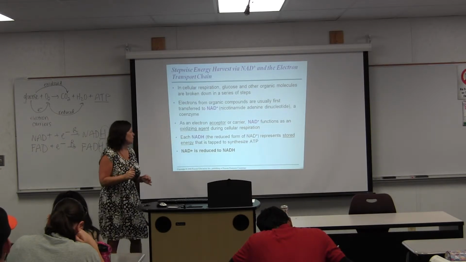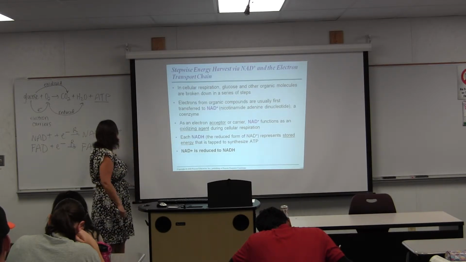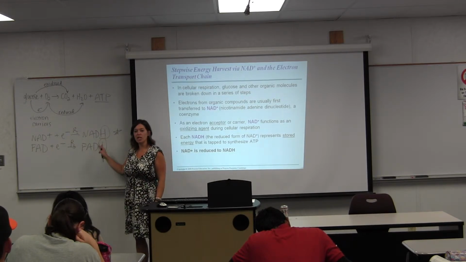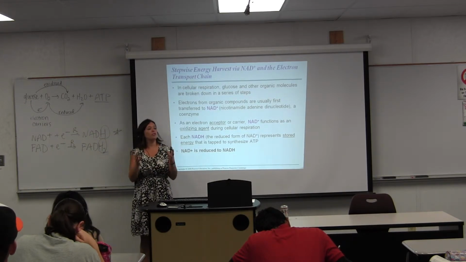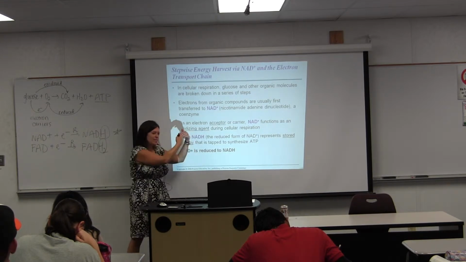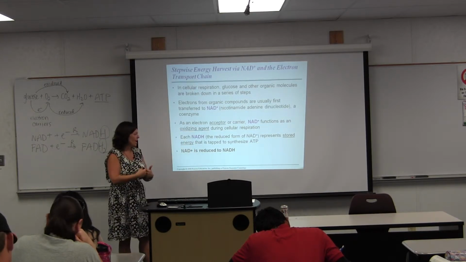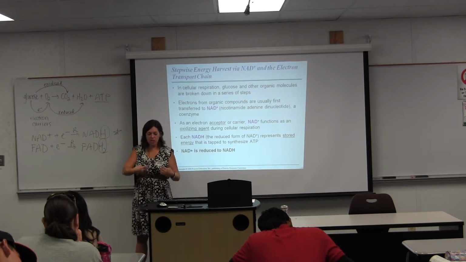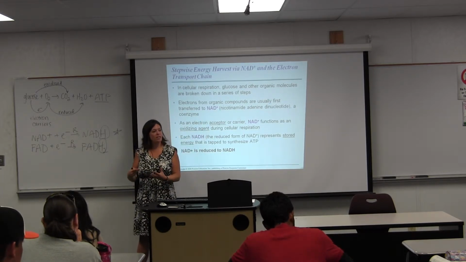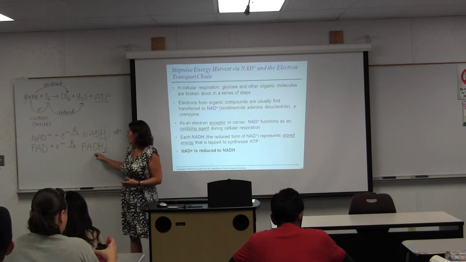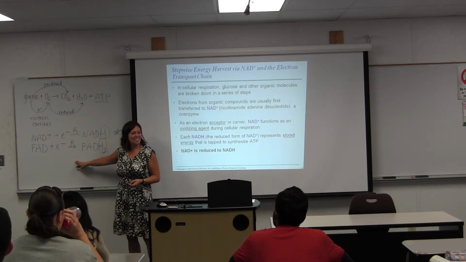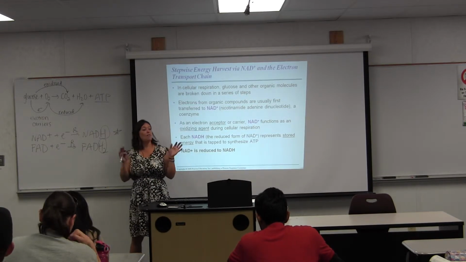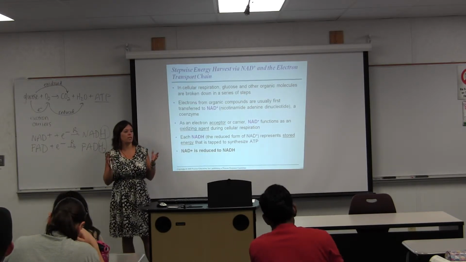Okay. And these NADs and these FADs, they have a lot of this stored energy. A lot of the energy that gets transferred in cellular respiration is going to reside in these NADs and these FADs. These electron carriers have a whole bunch of energy stored in them.